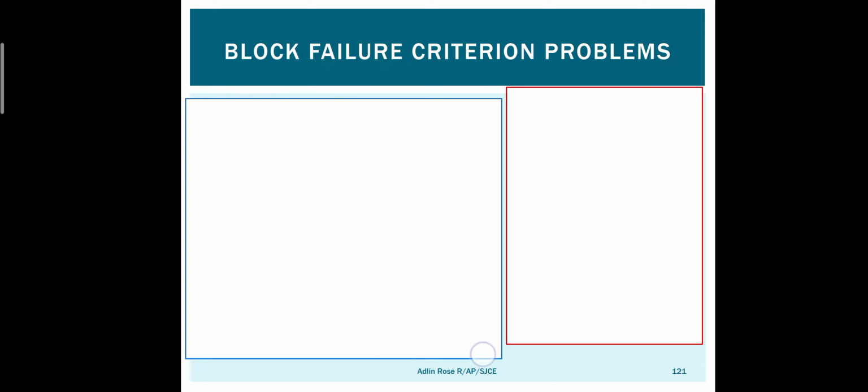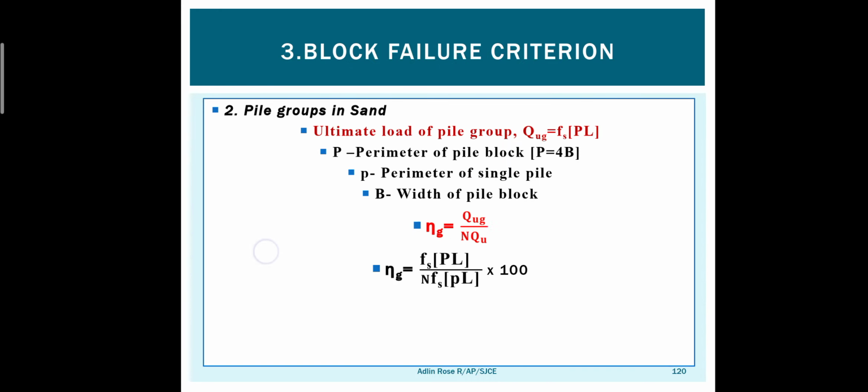Now, eta G is Fs capital PL divided by N into Fs into small pl. Capital மேலே போடுறது நியூமரேட்டரில் we put capital P. Since we are considering it as one entire block, that is a square block, the perimeter is 4B. So perimeter of the entire block into length, divided by N number of piles into single pile capacity.